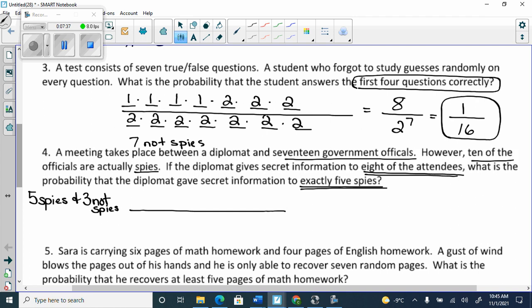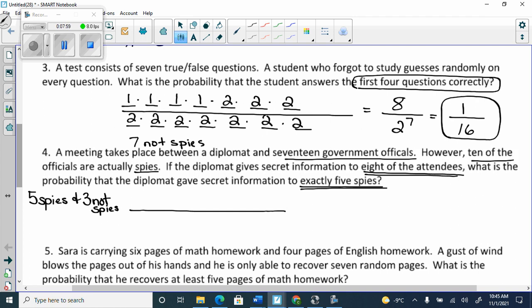Do they have jobs as a spy? No, it's spies from spies, not spies from not spies. Whenever you're choosing from the same group, it's a C. Adults from adults, kids from kids, principals from principals, students from students, defense from defense, forwards from forwards. Spies from spies, not spies from not spies. You will use C every single time.